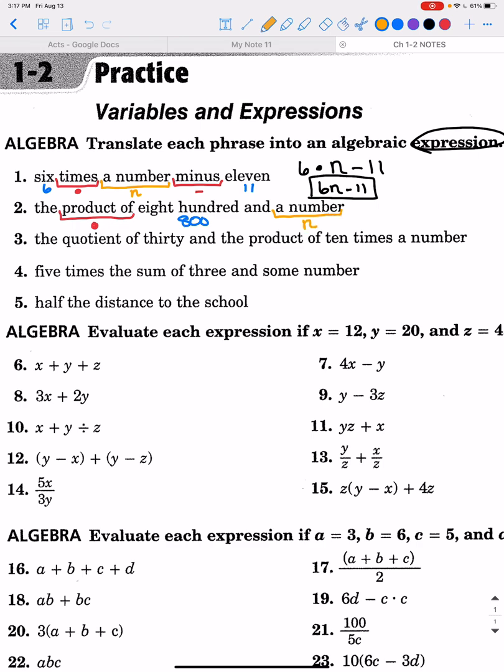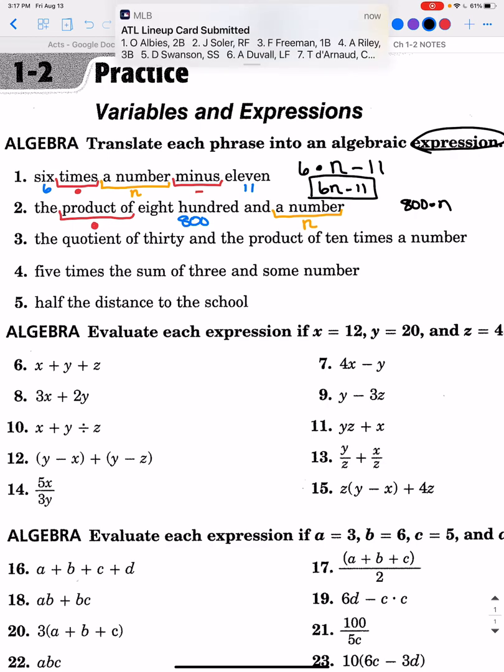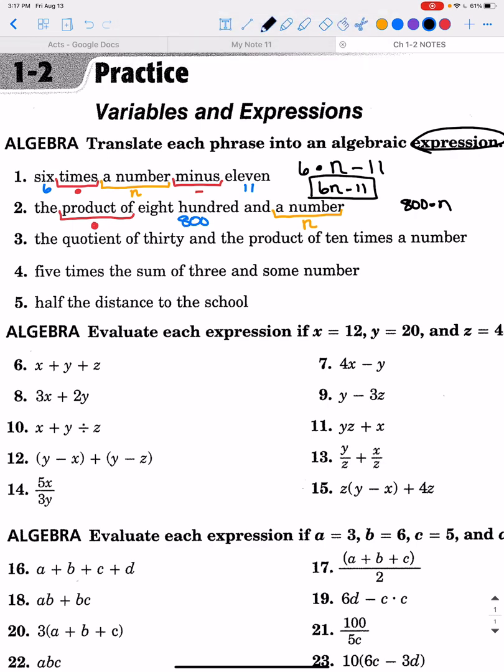So the product of means multiplying 800 times n. Now you can do this in 2 steps or you can do it in 1. I don't really care. You can start off by saying 800 times a number, right? That's the product of 800 and a number. Or you can just simply write 800n because that is the final expression that you need to have there, okay?